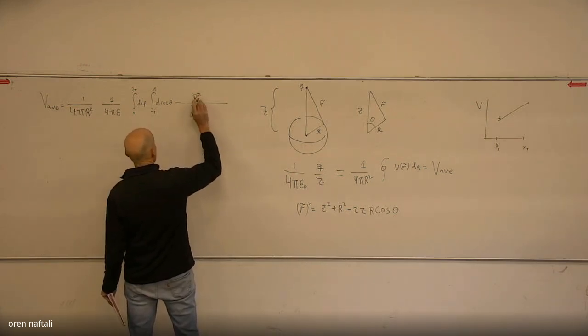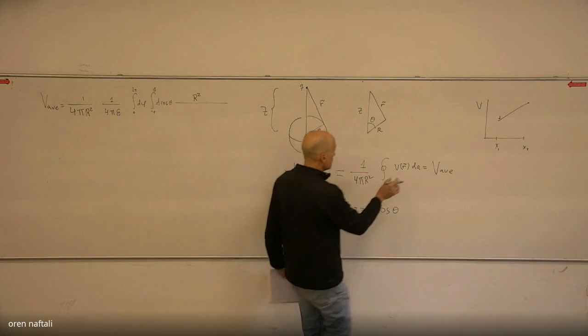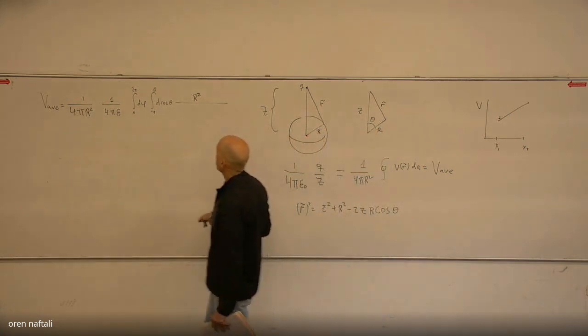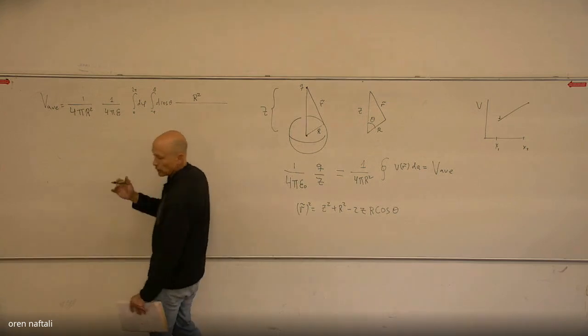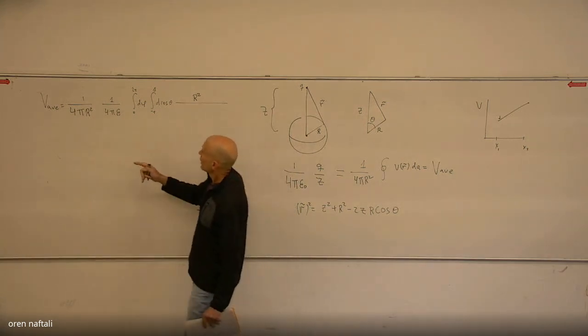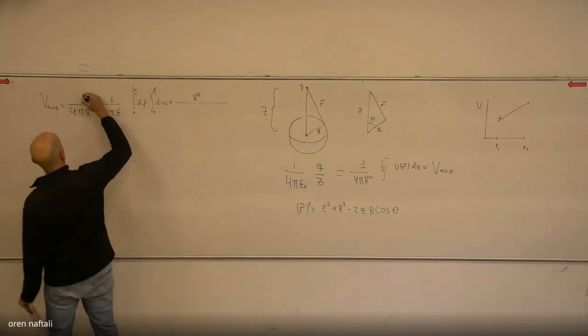R squared comes from this dA. And then we have the distance r, because the potential is simply q over the distance, wherever it is.